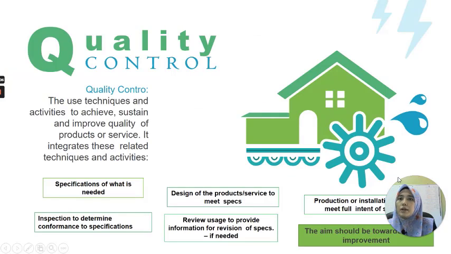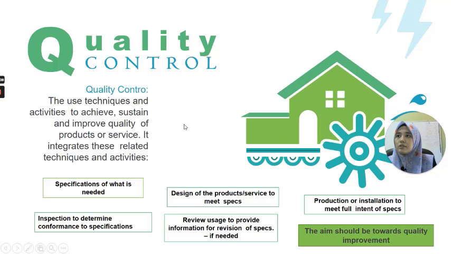So, what is the quality control? So this is typo error. Okay, this is quality control. Right? The use of techniques and activities to achieve, sustain and improve quality of product or service, and it integrates these related techniques and activities. So sebenarnya quality control ni adalah satu teknik. Sebab tu ada kebanyakan syarikat yang mempunyai produk ini, dia memang ada satu department quality control.